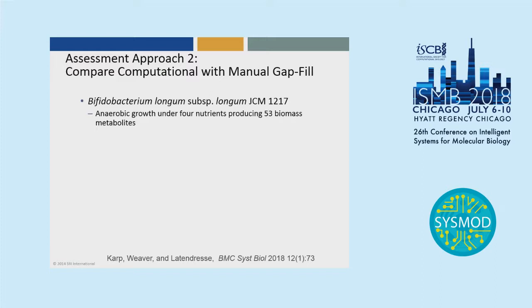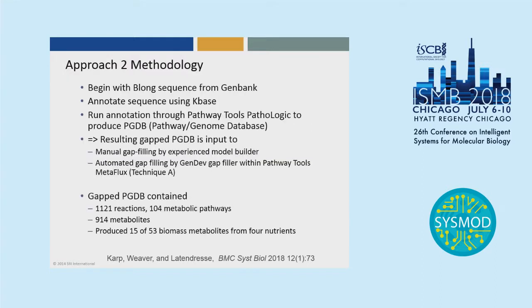And we used this organism, and what we did was to start with its genome sequence, annotate it using KBase, run that annotation through PathoLogic to create a qualitative metabolic reconstruction, and then subject that same starting database, which had gaps in it, to both manual gap filling and automated gap filling.